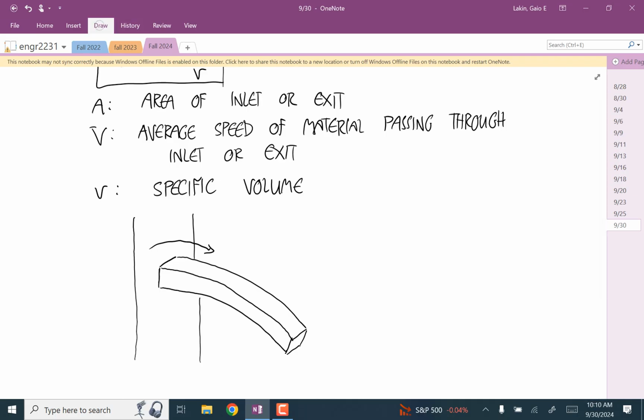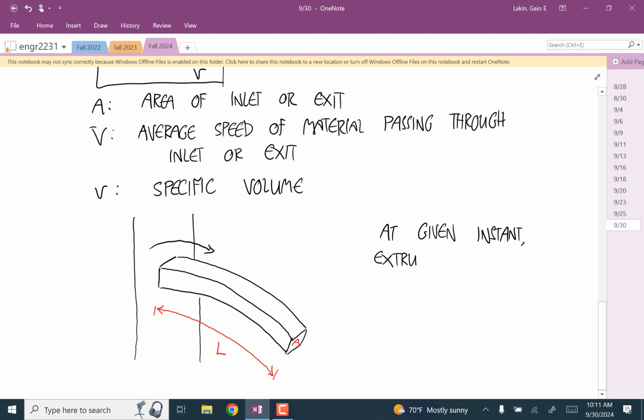This area is A. This length, we'll call that L. And at a given instant, the extruded mass that's come through there is the area times the length. Okay, that gives you the volume times the density of this material. Okay, so that's like, this is equal to the extruded mass.